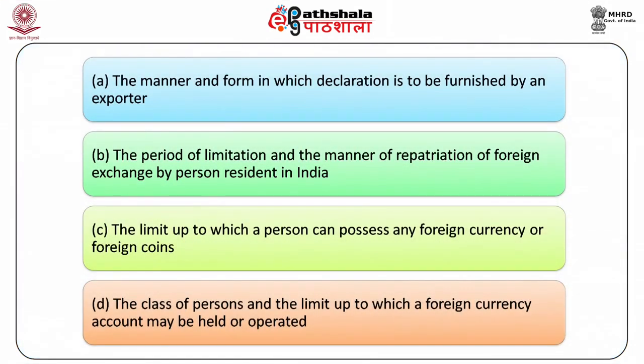The manner and form in which declaration is to be furnished by an exporter. B. The period of limitation and the manner of repatriation of foreign exchange by a person resident in India. C. The limit up to which a person can possess any foreign currency or foreign coins. D. The class of persons and the limit up to which a foreign currency account may be held or operated.